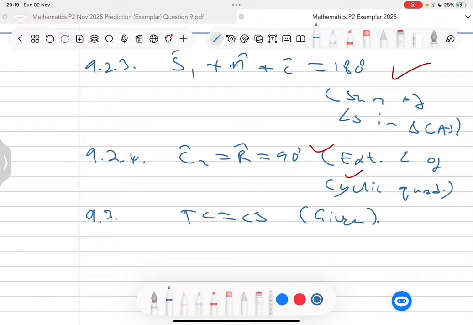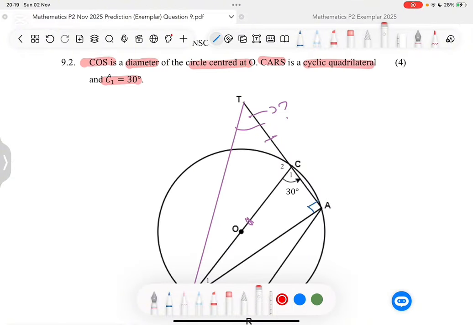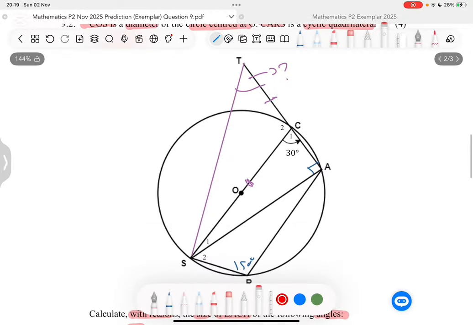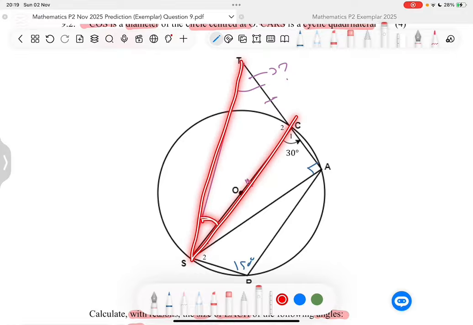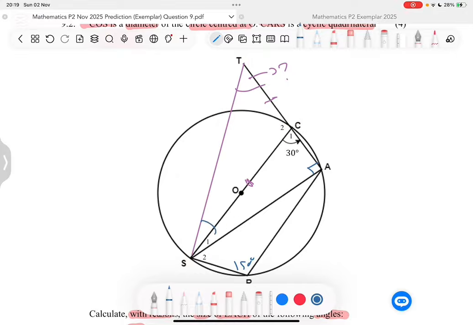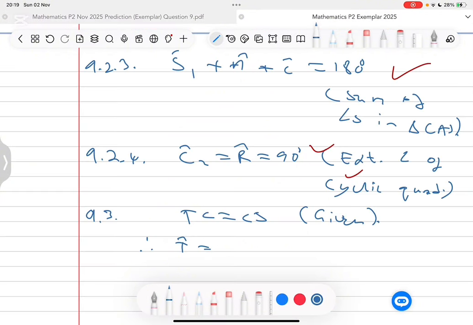Then because these 2 are the same, I conclude that angle T is the same as angle TSC. So I'm saying angle T here will be the same as angle TSC, as this angle here. These two angles will be the same because they're the base angles of an isosceles.